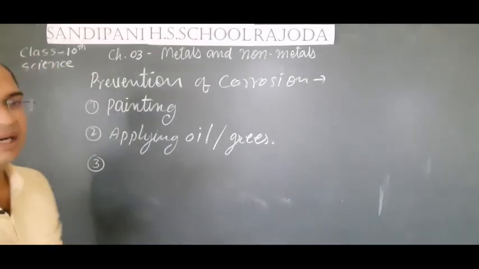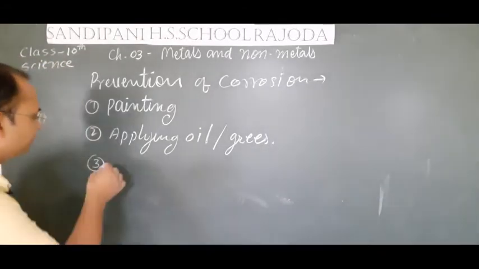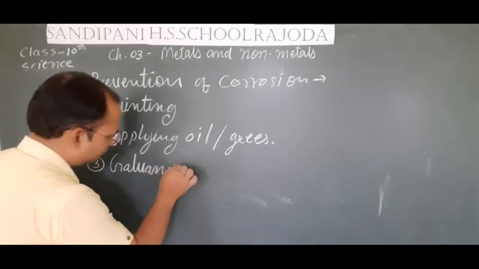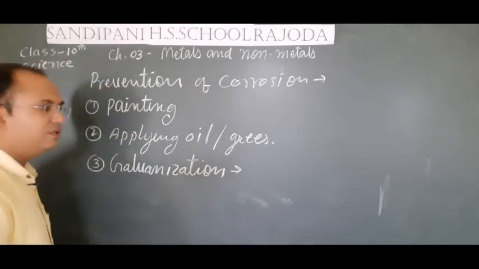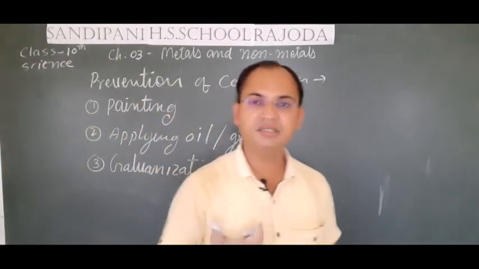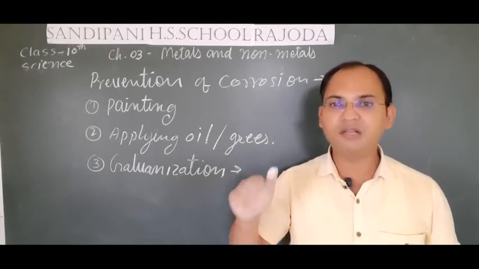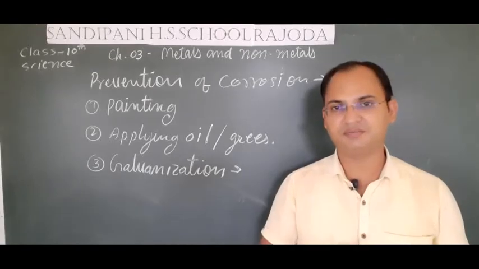Third, a somewhat advanced method in order to prevent corrosion is galvanization. Galvanization is actually a method in which the surface of the metal is coated with the help of another metal which is more reactive than that metal.